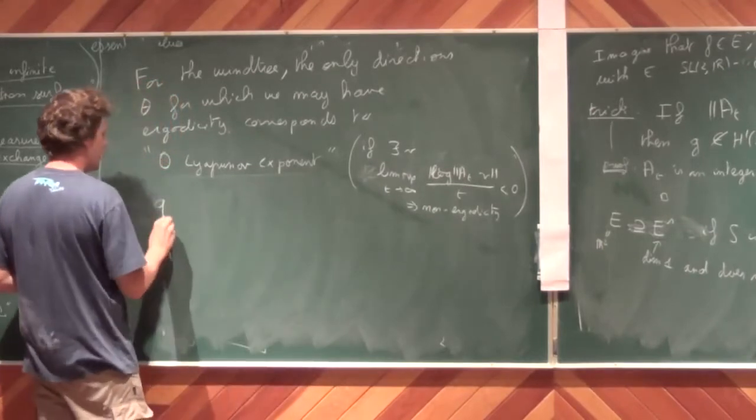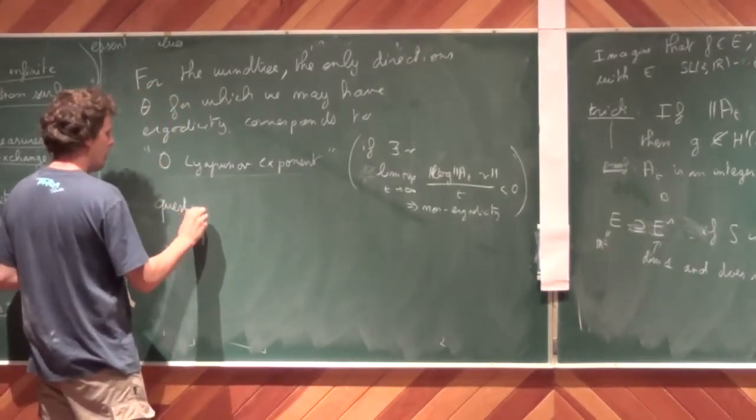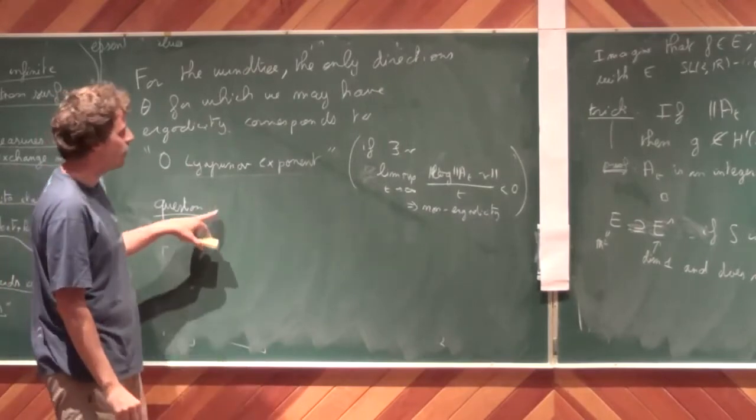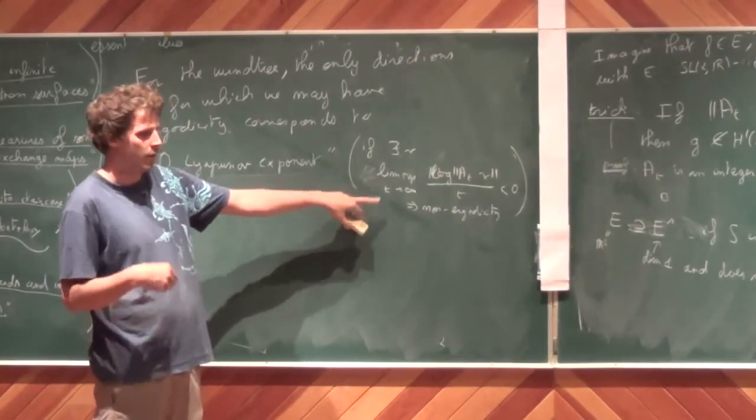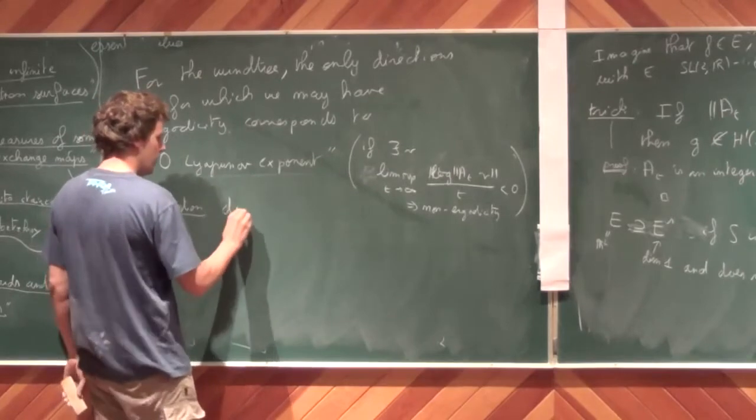So a good question here is: is there a nice characterization of ergodic directions in the wind tree in terms of some integrability of the conservative cocycle?